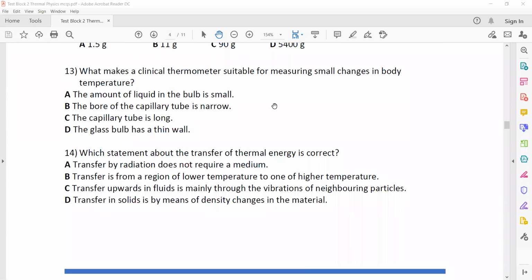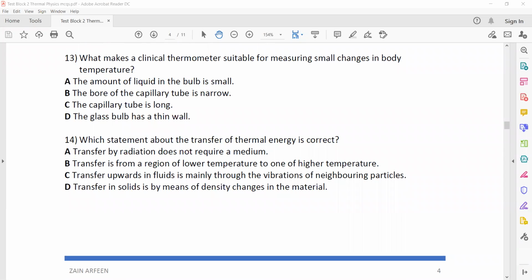What makes a clinical thermometer suitable for measuring a small change in temperature? Whenever you want to record a small change in temperature, it means you want the thermometer to be sensitive. And how do you increase the sensitivity? By using a thin capillary or a narrow capillary. That's why B is the right answer. A longer capillary will affect the range.